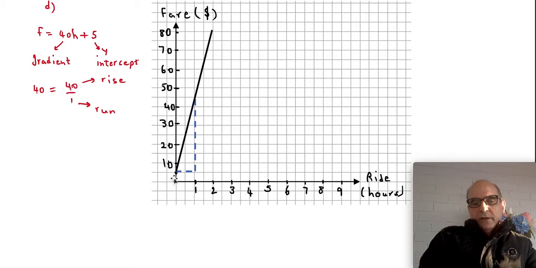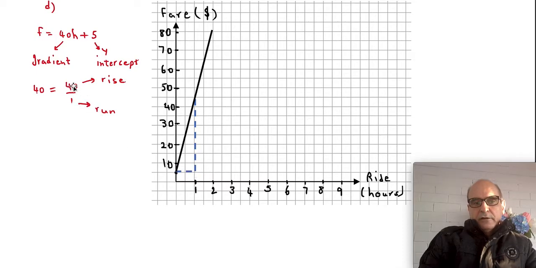So I start from this point, which I know belongs to the line, go across by 1, this is 1, and go up by 40, that's from 5, then I should reach 45. From 5 to 45 gives me 40, that length is 40. That is my rise, that is my run.